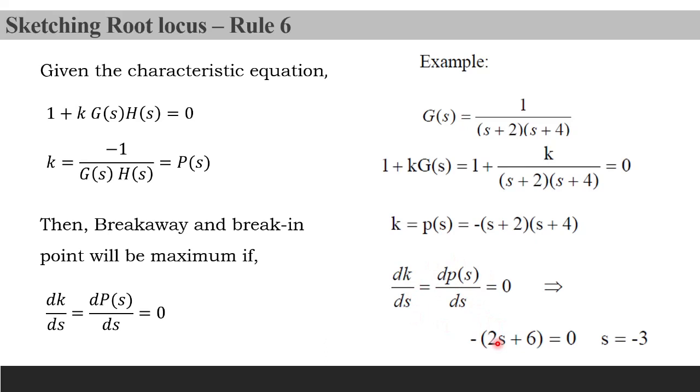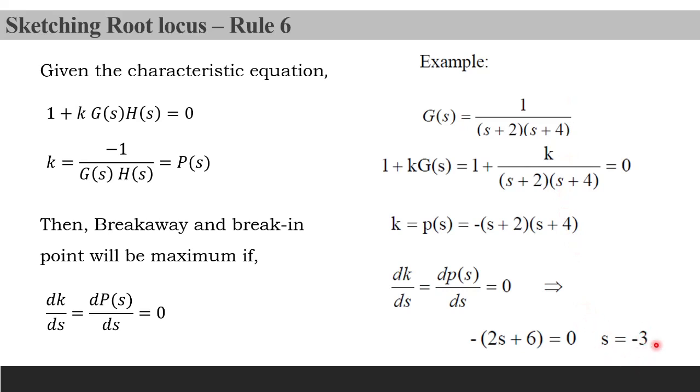When I find the derivative, I get a value which indicates the position of the breakaway point on the real axis. So on the real axis between -2 and -4, there is -3, which indicates that between -2 and -4 at -3, both of the poles are collecting up and then they are breaking away from each other at s equals -3.